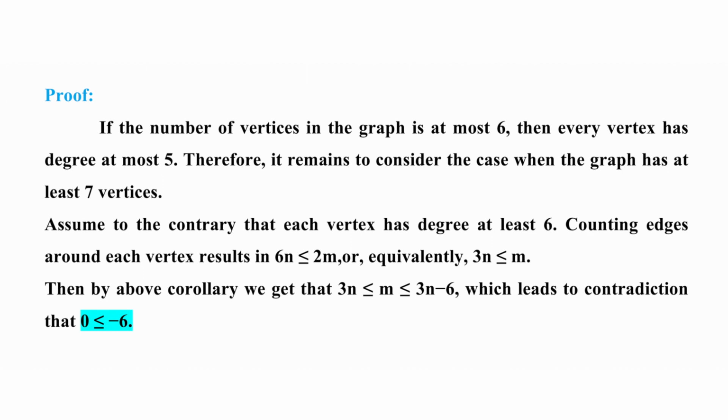Assume to the contrary that each vertex has degree at least 6. Counting edges around each vertex results in 6n less than or equal to 2m, or equivalently 3n less than or equal to m. Then by the above corollary, we get that 3n is less than or equal to m, which is also less than or equal to 3n minus 6, which leads to the contradiction 0 less than or equal to minus 6.